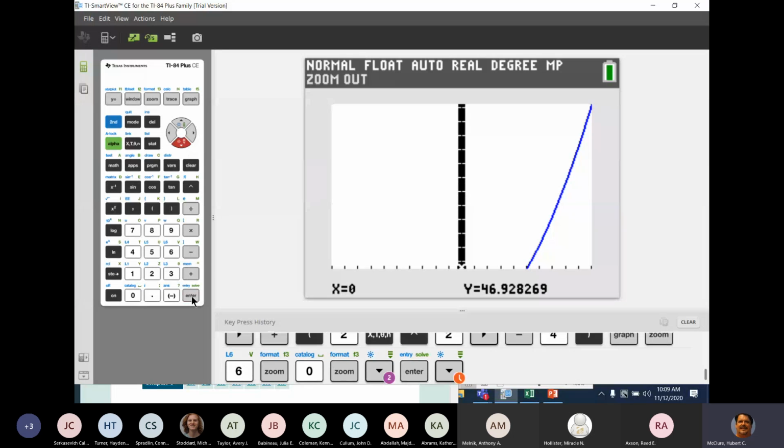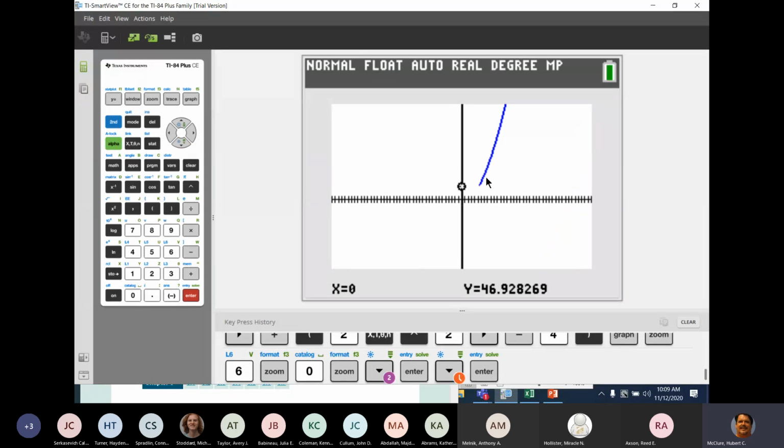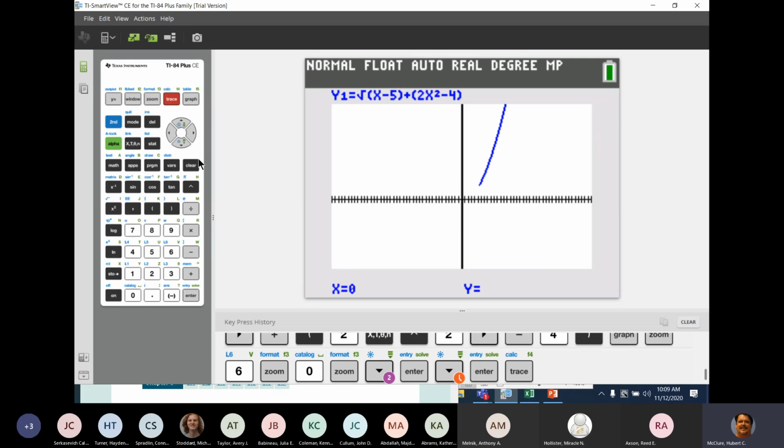I'll hit zoom out. See, that's all you got. So the best thing to do is hit trace, and it starts. There's where it starts. It starts at 5, 46.